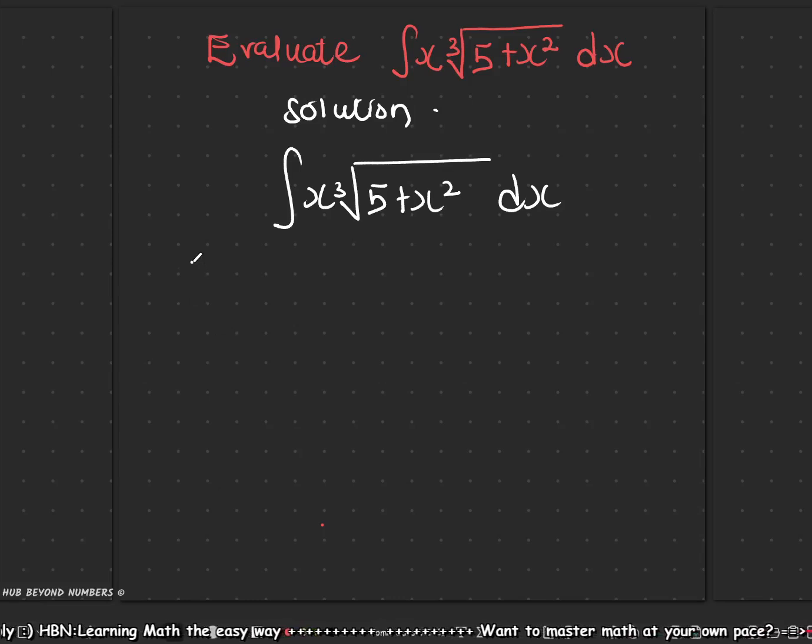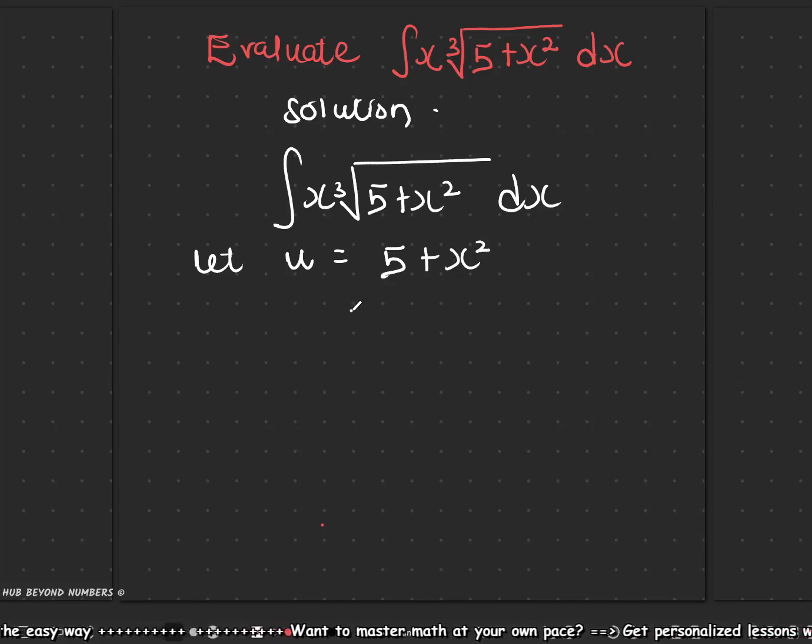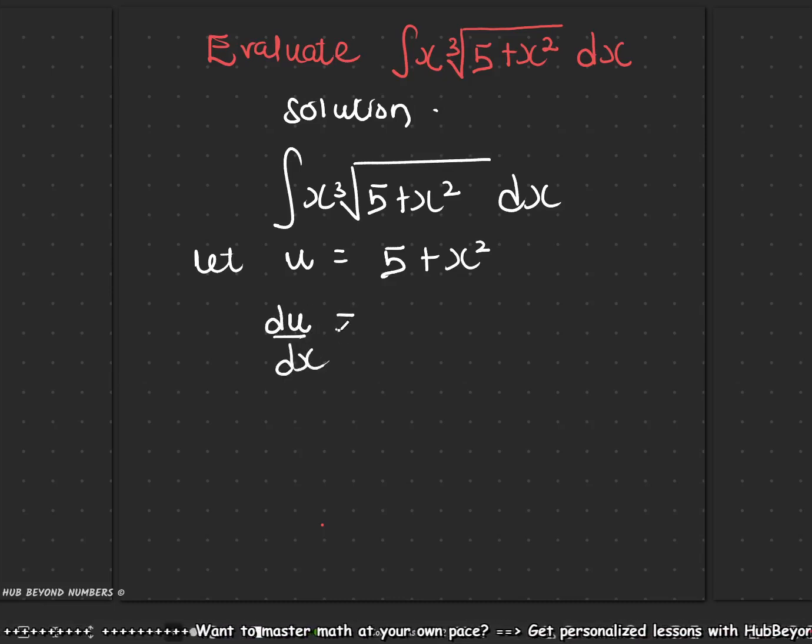So we say let any variable at all, most times we use u. So let u be equal to 5 plus x squared. If you get u, you would have to differentiate u. So du with respect to x is going to give us, this gives us a constant, so 0, then 2x, that is if we differentiate u with respect to x.